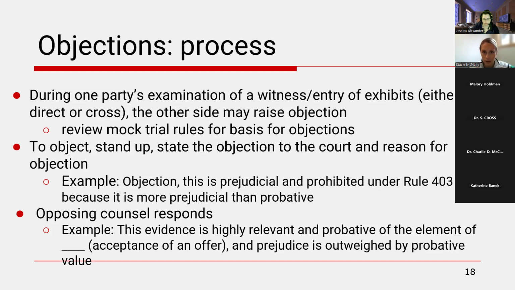So they would stand up and raise the objection during my direct examination. So they're saying, objection, Your Honor. The mock trial rules in the packet that you have will have a list and identify these different types of objections. But when it happens is when someone stands up during this direct examination for this witness, whenever the record comes up.